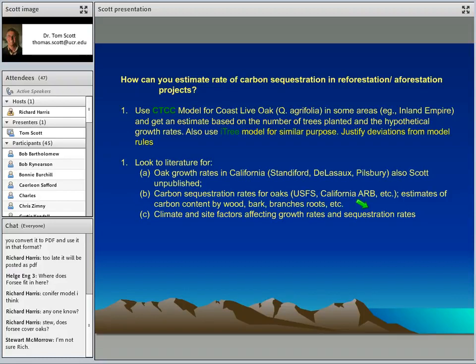So you can't measure coast live oak in the coastal regions of that. So there are obviously some drawbacks, but these models will at least get you started in trying to figure out if you're in the right ballpark for estimating it. And then more important, I think you're going to have to go look in the literature and look at oak growth rates that have been calculated by people from empirical data.